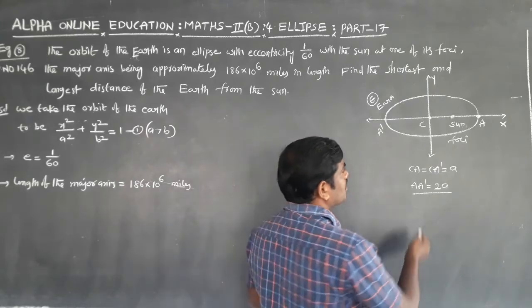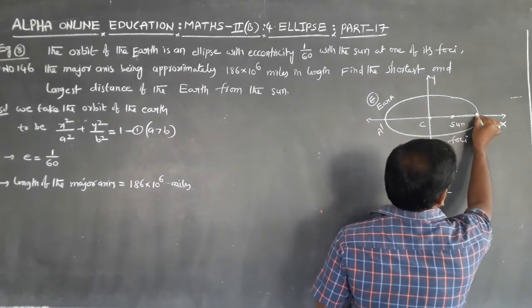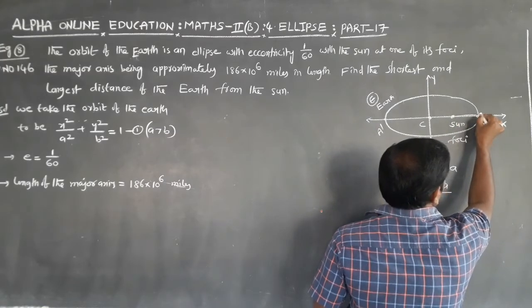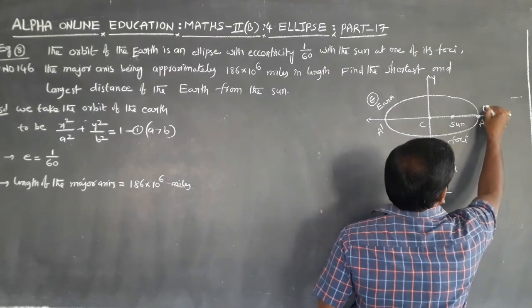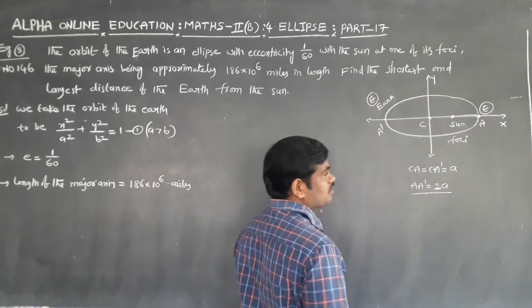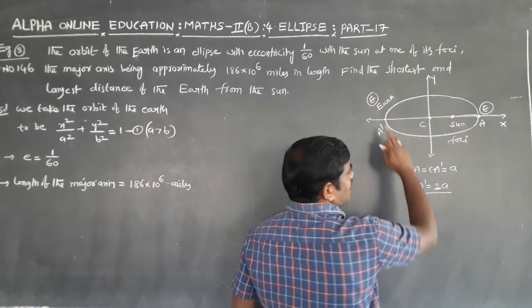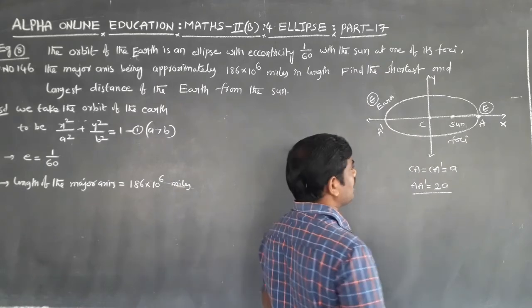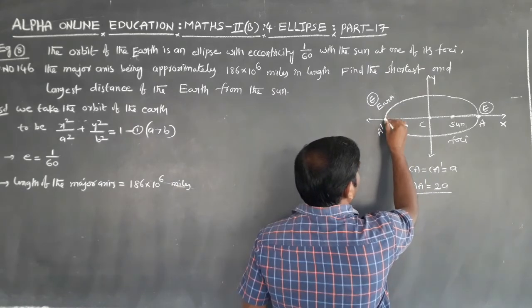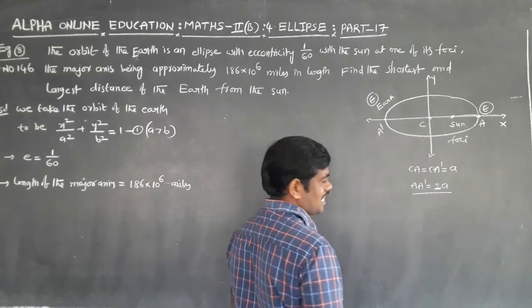Here the shortest distance is SA, which means the position of the earth is at A, and the longest distance is SA dash; here the earth position is A dash.